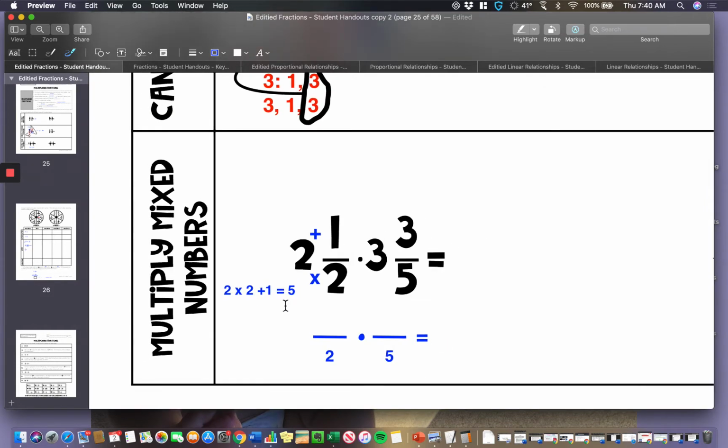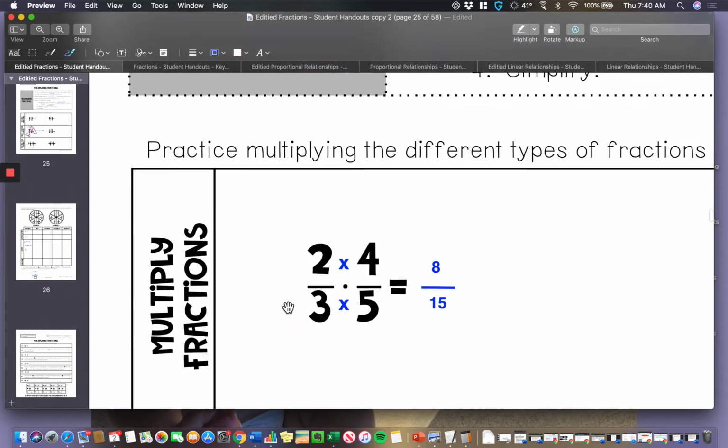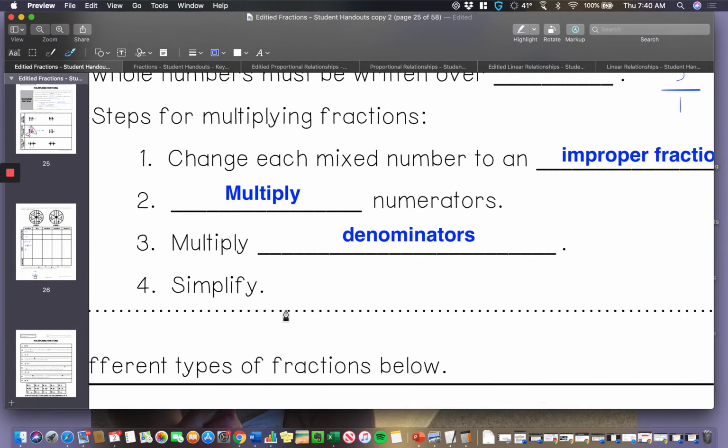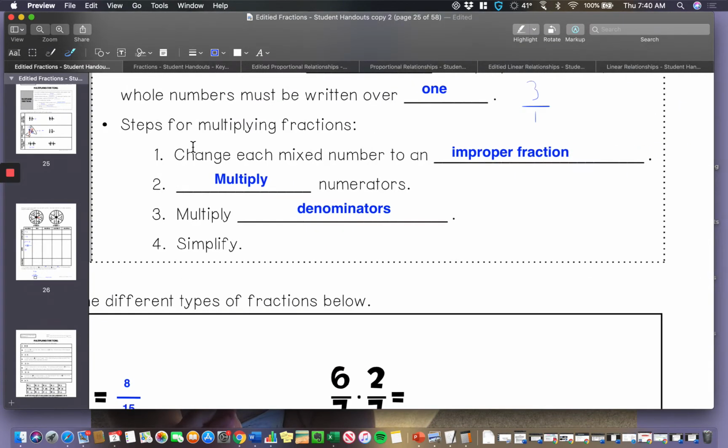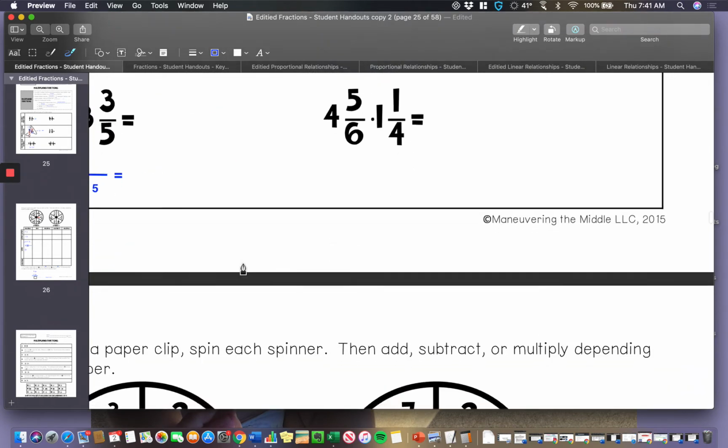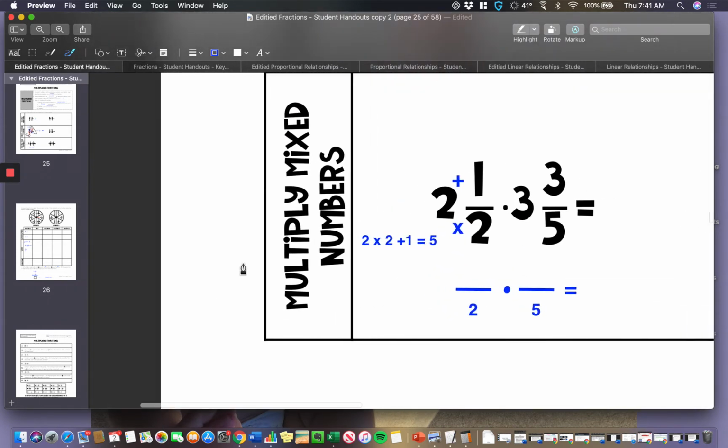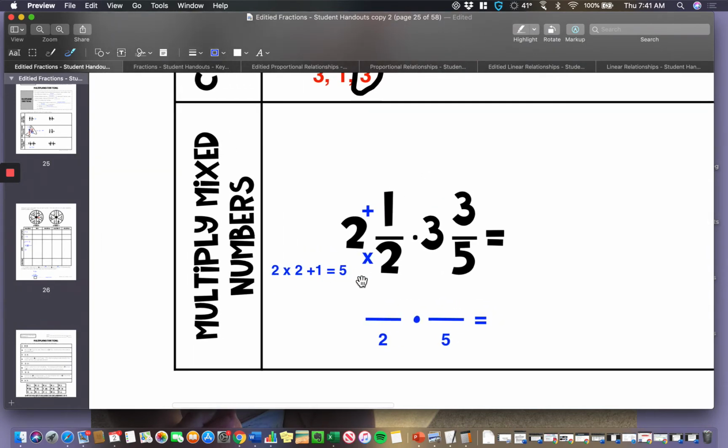Because remember, from the top, the first step, if we do have a mixed number, is each mixed number needs to be an improper fraction. So here's an example of that right here. What I have here is 2 times 2 plus 1, which is 5. So now I have a brand new numerator of 5.